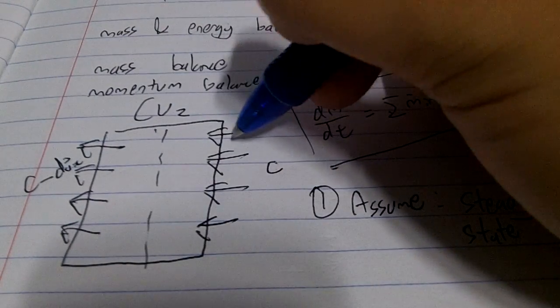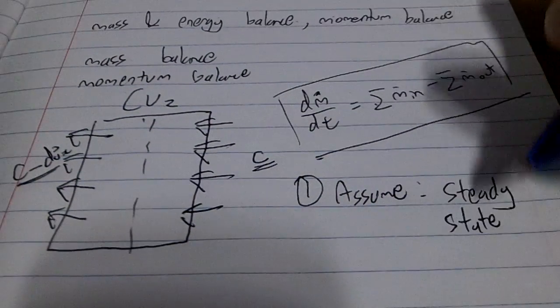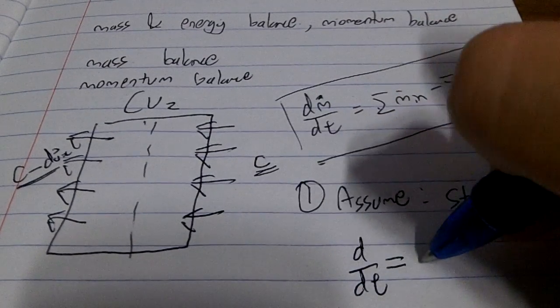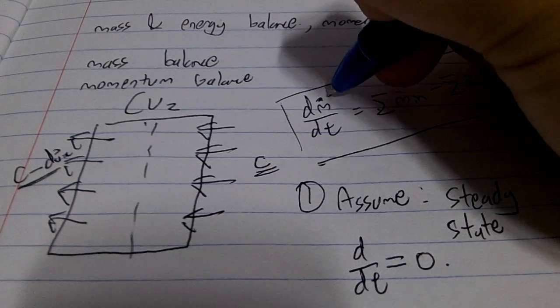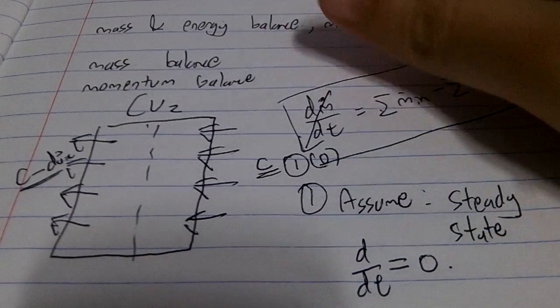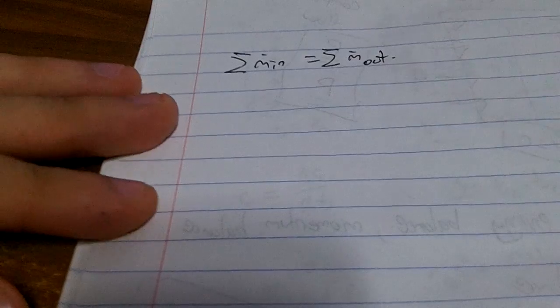But when we talk about the mass coming in and out, if c is constant, then this is constant, and this is constant as well. So we assume steady state. That means anything with respect to time equals 0. I shall just cancel this off. The next thing will be a very obvious conclusion. The sum of all the mass in will be the sum of all the mass out.